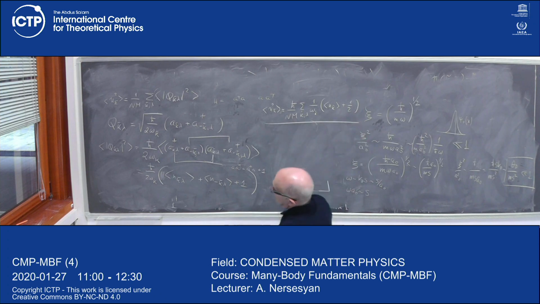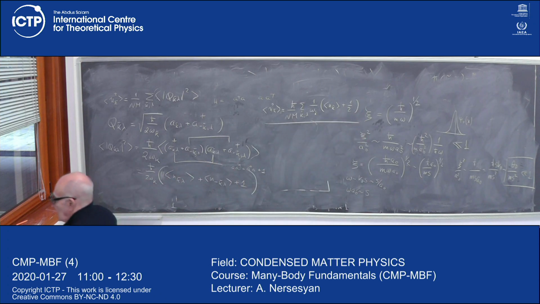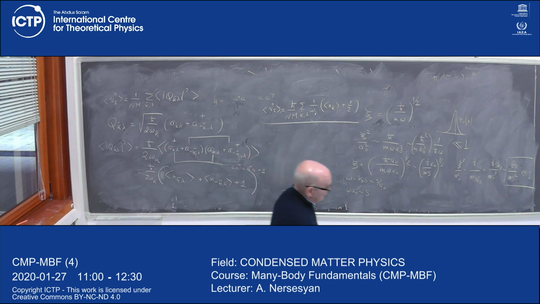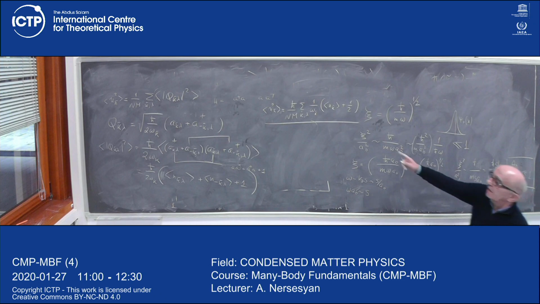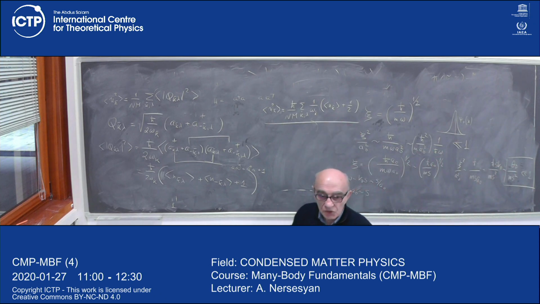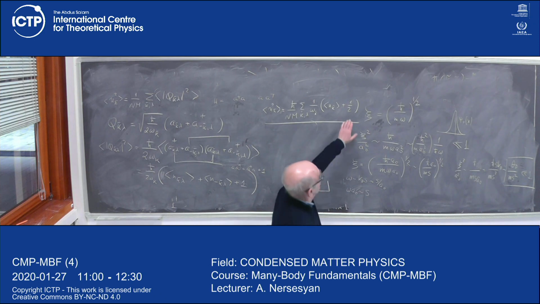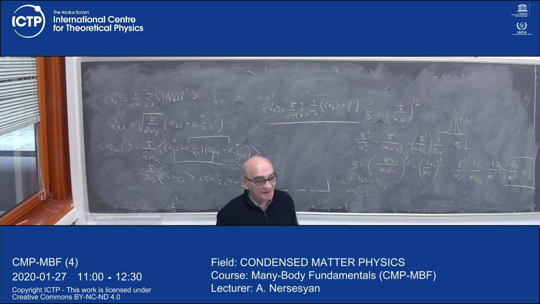That's the expression of the average square displacement. Well, what is written here is the number of phonons, which goes to 0 at 0 temperature. At 0 temperature, we don't have phonons. But we do have this piece, our beloved piece, zero-point motion.